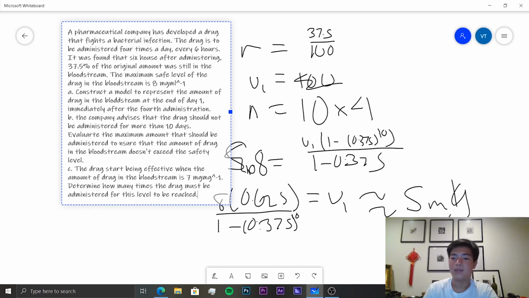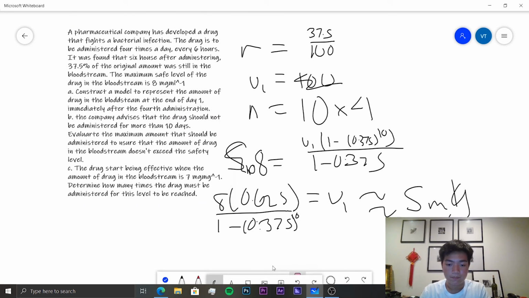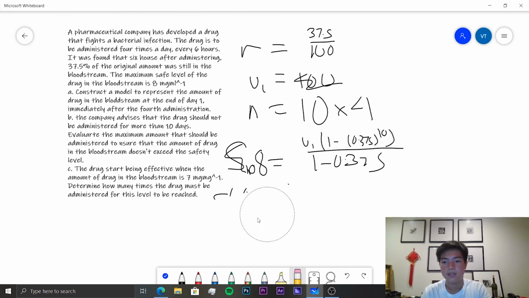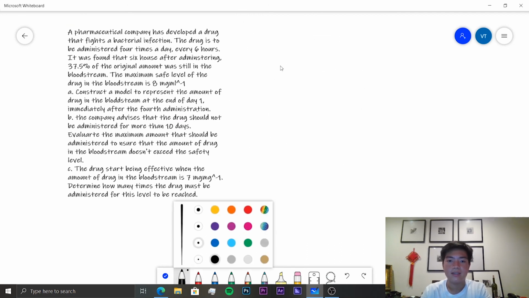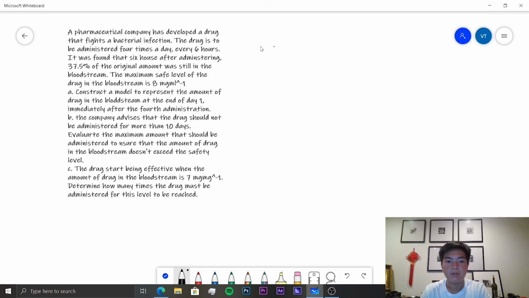I guess assuming that we actually give this 5 milligram dosage. So, how do we get this answer? Well, we know that the sum needs to be 7, but we don't know how many dosages we're going to give. And so that's what we're going to find out.